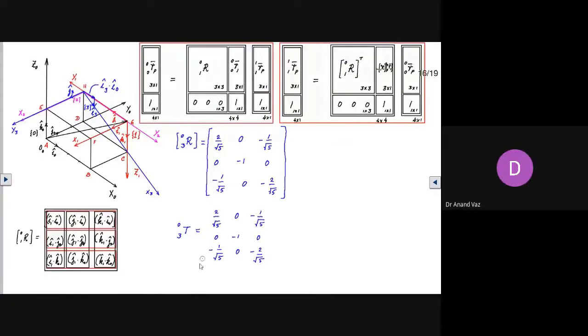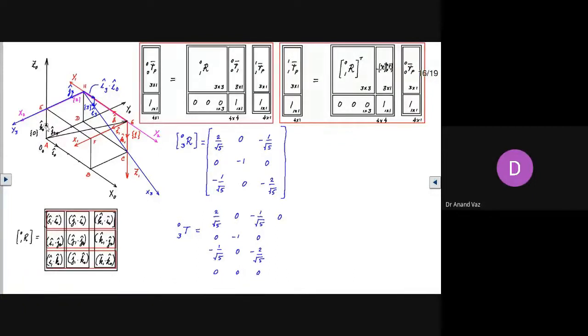Then we have 3 zeros here, 0, 0, 0. Then we need the origin of frame 3. Frame 3 origin is here, that is 0 units along the x direction when seen from frame 0.